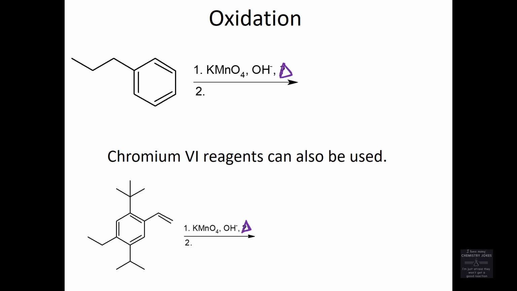This is KMnO4 with base. Kind of important that it's with base. It's also heated. That heat indicates to you that this is called a vigorous oxidation. KMnO4 is a very strong oxidizing agent. So is chromium. So you could use KMnO4 or chromium to oxidize the side chains.